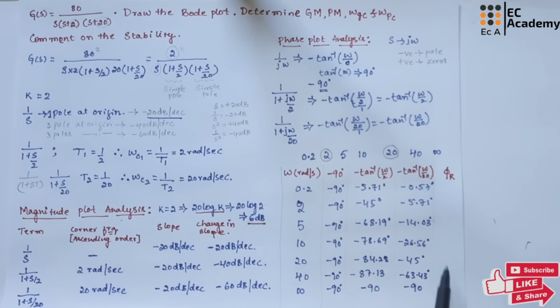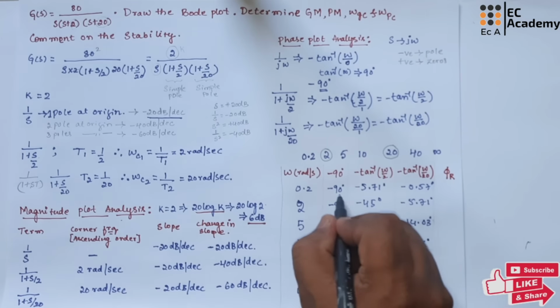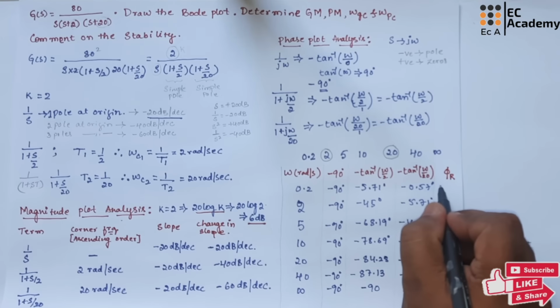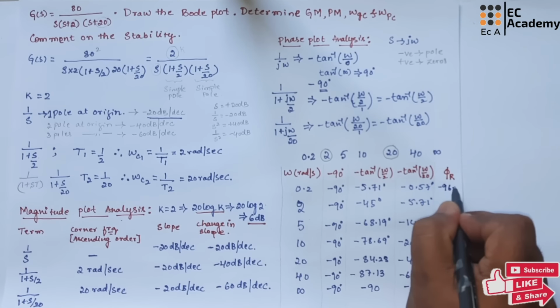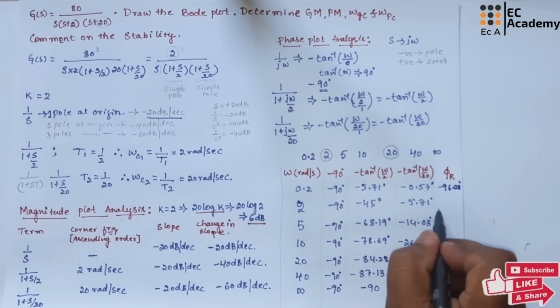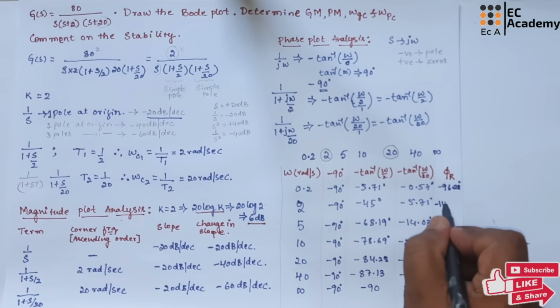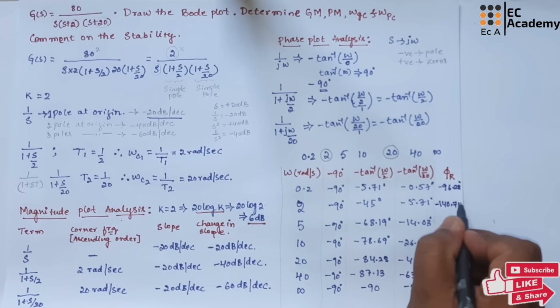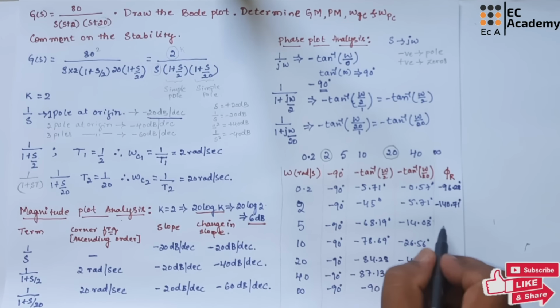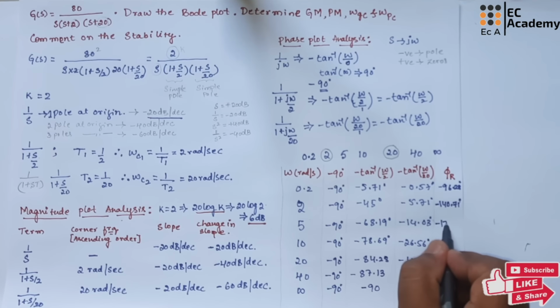So finally, for the resultant phase, we need to add all these phase values. If we add all these terms, we'll get minus 96.28 degrees. Adding all these values, we'll get minus 140.71 degree. Adding all these values, we will get minus 172.22 degrees.